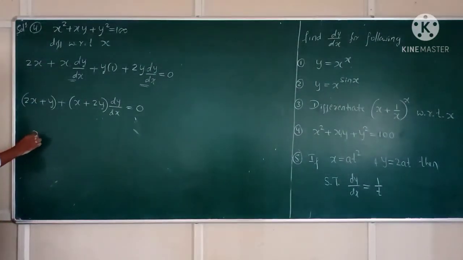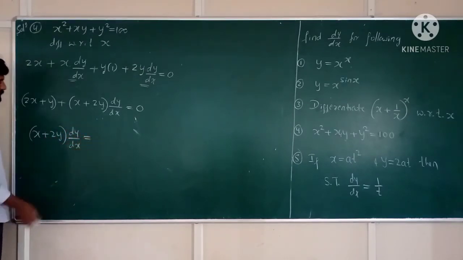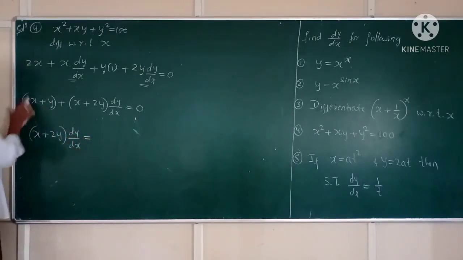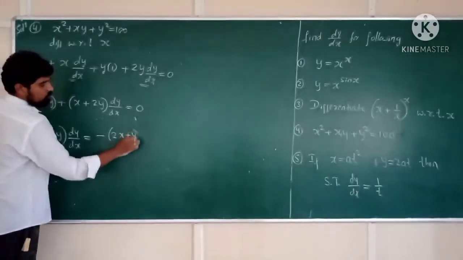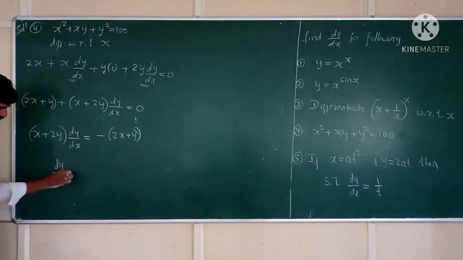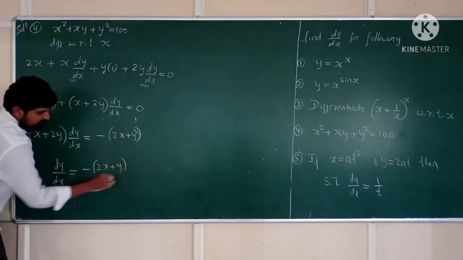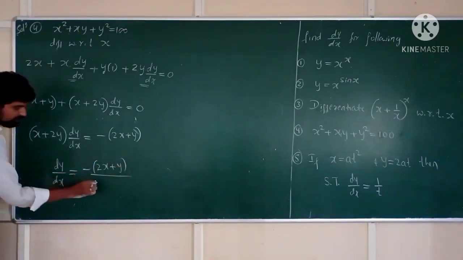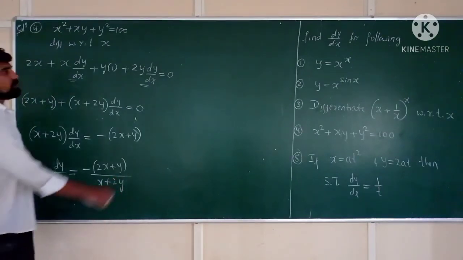So therefore (x plus 2y) into dy by dx is equal to, shift this 2x plus y towards the right hand side, it becomes minus of (2x plus y). Therefore the required value of dy by dx is minus of (2x plus y) divided by (x plus 2y). I hope all of you understood.